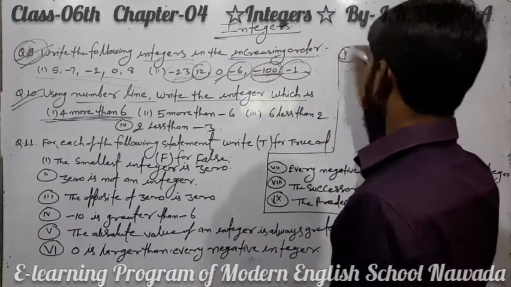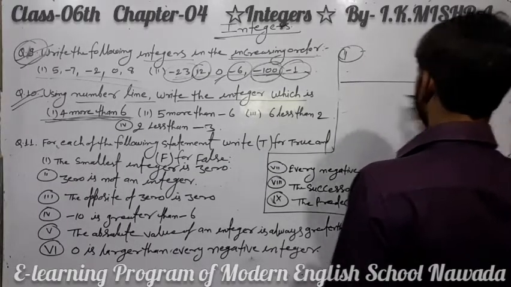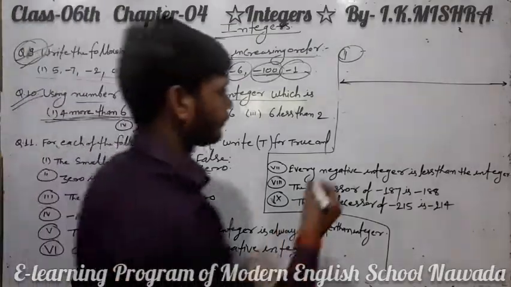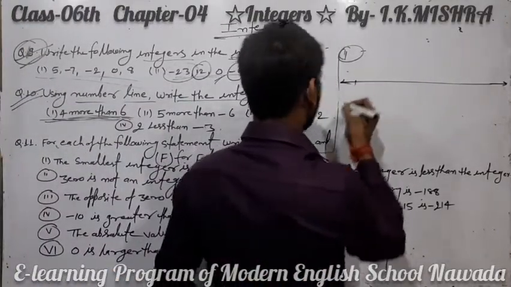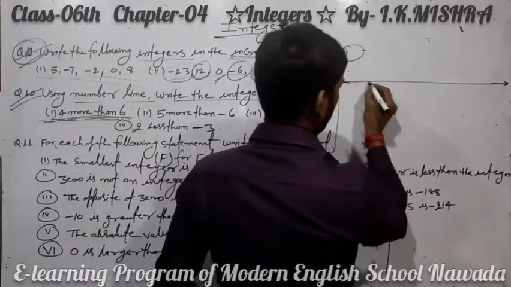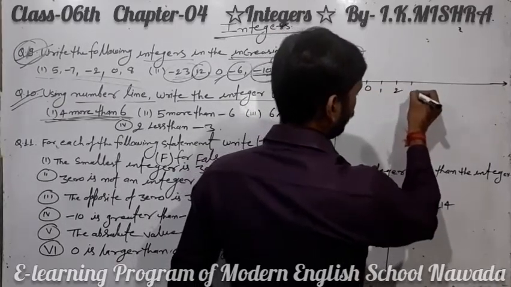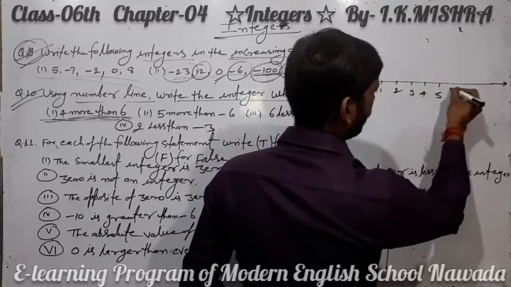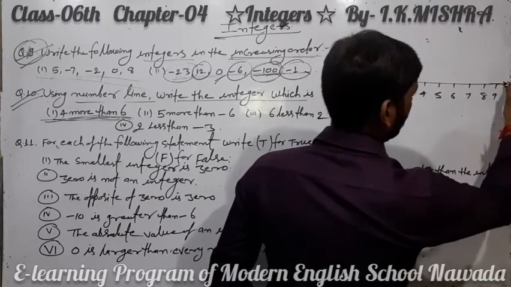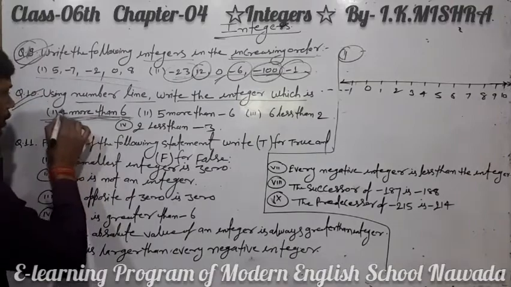First question, 4 more than 6. First of all draw a number line. Write 0, here minus 1 and so on, and 1, 2, 3, 4, 5, 6, 7, 8, 9, 10 and so on. Students, here 4 more than 6.